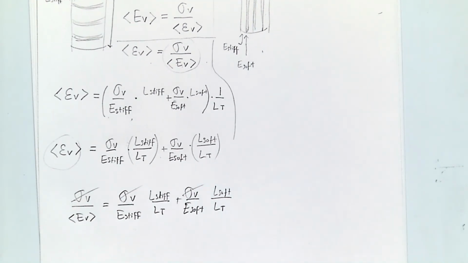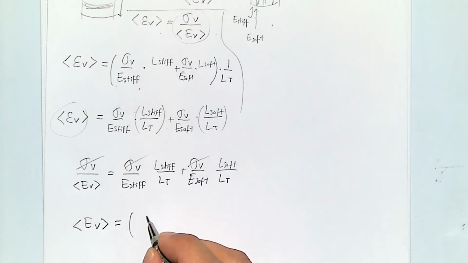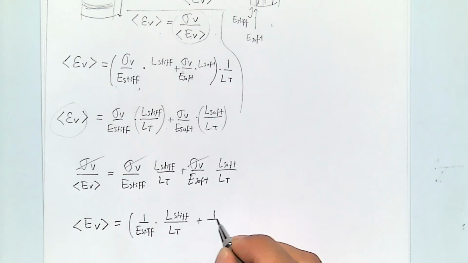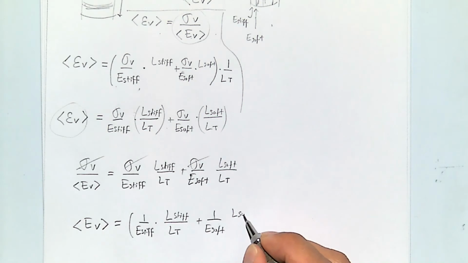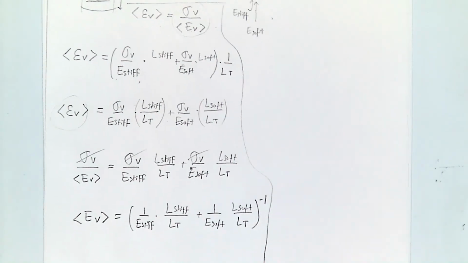As a result, the Young modulus in vertical direction is going to be, I always forget what is the name of this. This should be a geometric average, right? Do you guys remember arithmetic, geometric average? I don't know why, but I always forget which one is which. But this is the final equation.